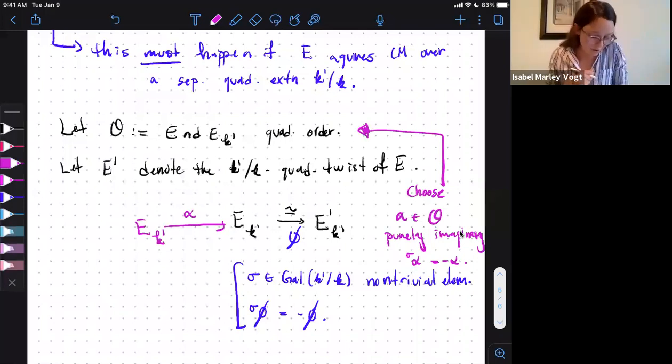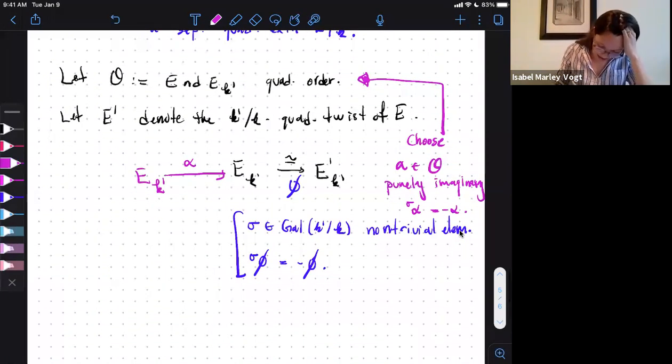Maybe you can see where this is going, because Galois acts on alpha and on phi in the same way. So if I take phi composed with alpha and I act by sigma, then this is phi composed with alpha.